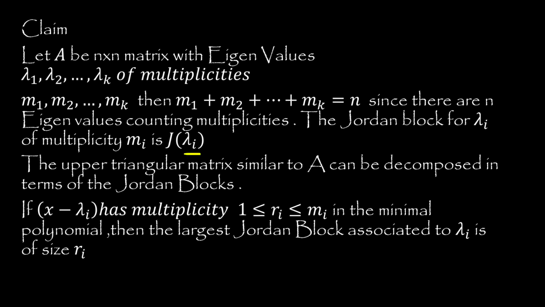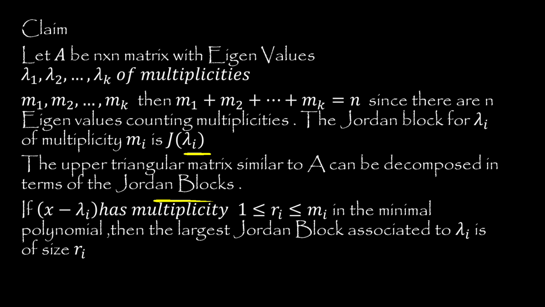Okay, so the Jordan block for lambda i, of multiplicity mi, is actually J lambda i. That's true. It's a claim that follows from what we have just looked at. Then the upper triangular matrix similar to A can be decomposed in terms of Jordan blocks. That's noted.